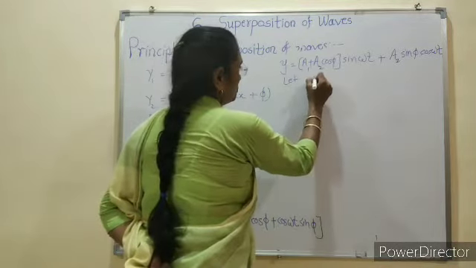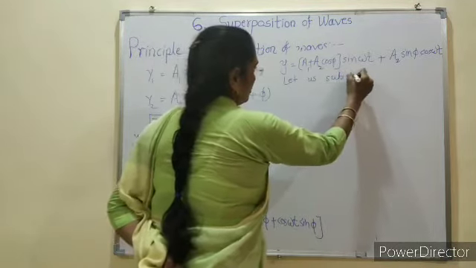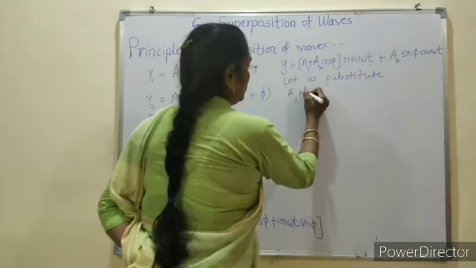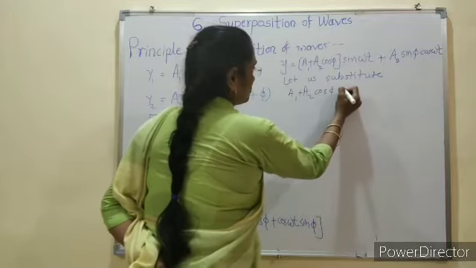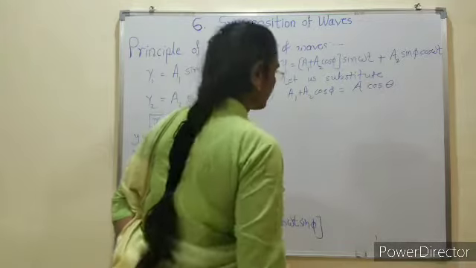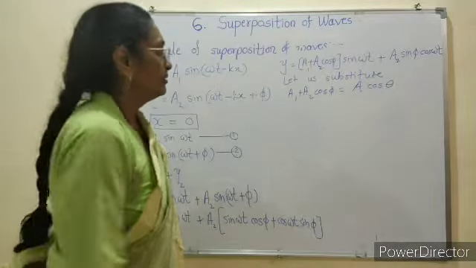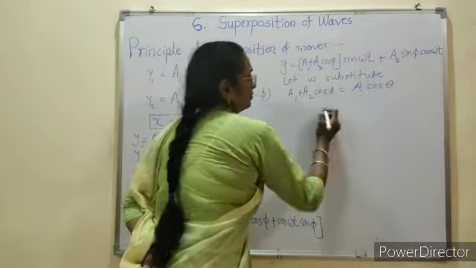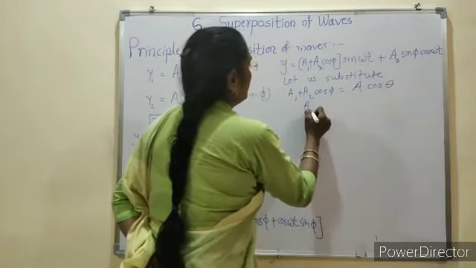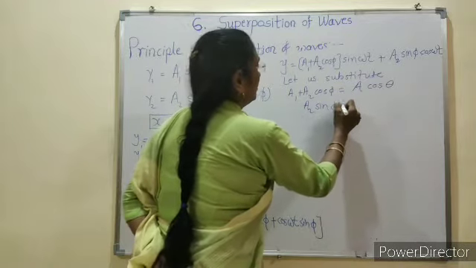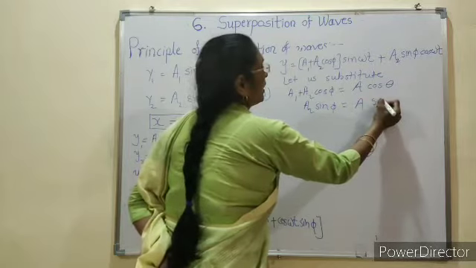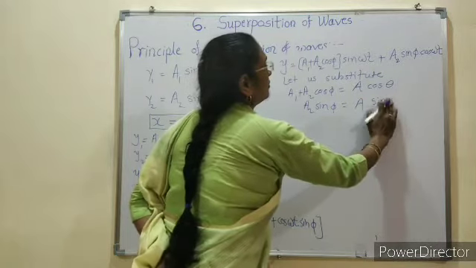Let us substitute for the bracket a1 plus a2 cos phi as a cos theta. And for the second term, we take a2 sin phi equal to a sin theta.